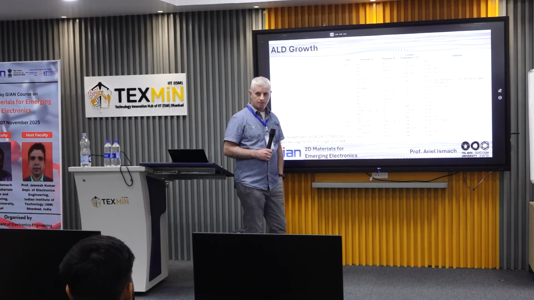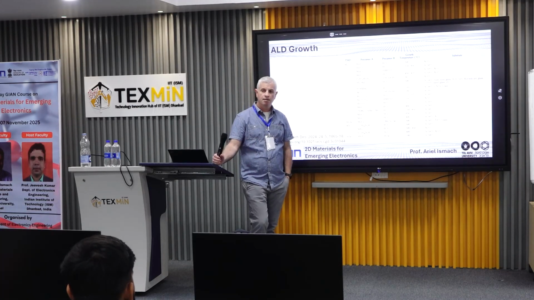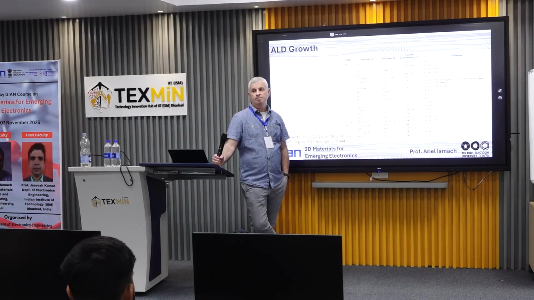So in this case, when you send one precursor at a time, one after the other, is the formation of MoS2 because of the reaction between the two precursors, one after the other, or is it a combined process? What do you mean, combined process? I mean, you are sending one precursor at a time.